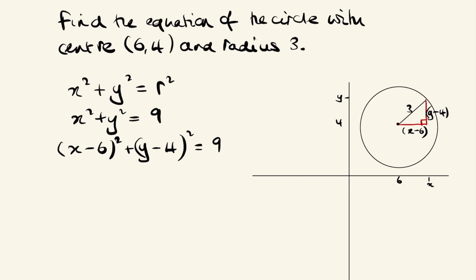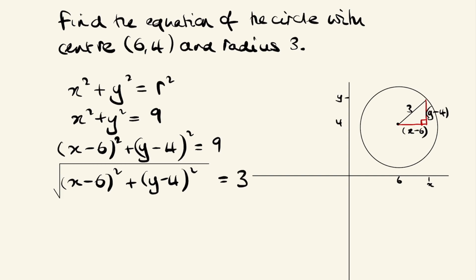So what we'd say is x minus 6 squared plus y minus 4 squared. And remember, it's the square root of those added up to get the hypotenuse. So equals 3, the length of the hypotenuse.